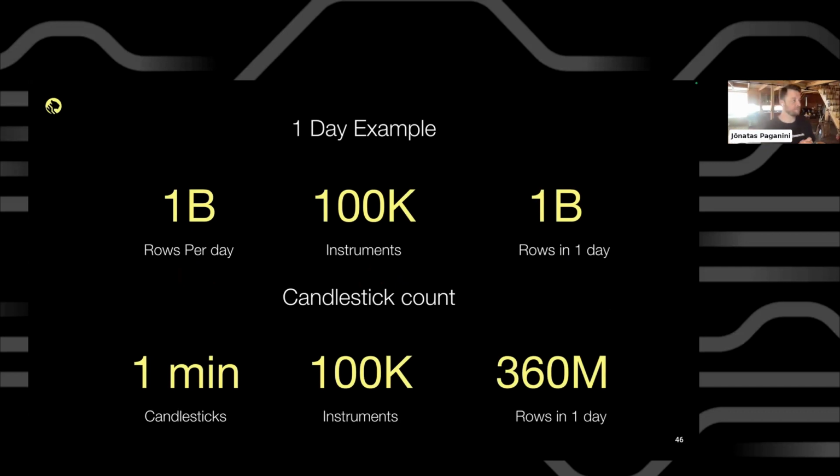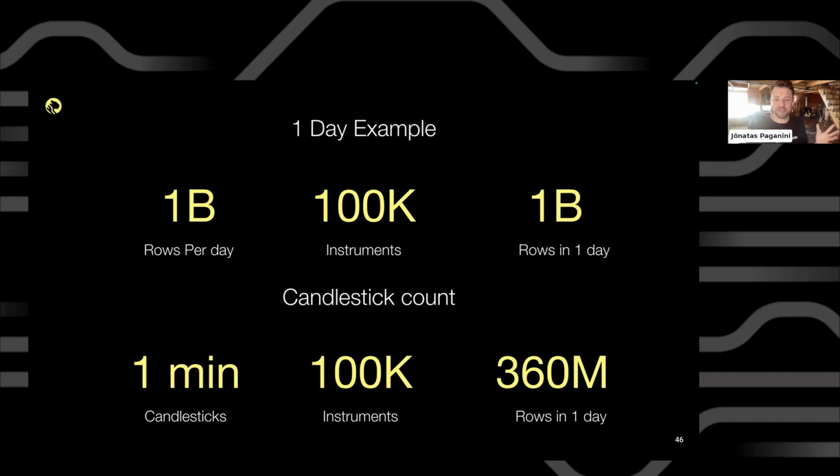So let's imagine this example. 1 day with 1 billion rows, let's say I'm getting 1 minute candlesticks of 100K instruments or symbols, however you want to say it. Instruments here means like the stock or something like that. So I would have like 360 million rows of candlesticks, right?